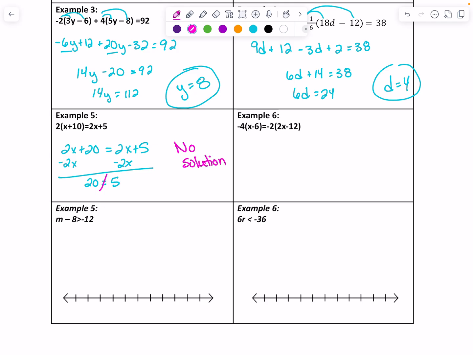I did not have to combine the variables first. I totally could have subtracted the 5, and I would have had 2x plus 15, subtract the 2x, and I still get 15 equals 0, which is not true.